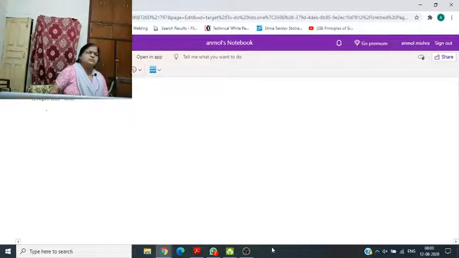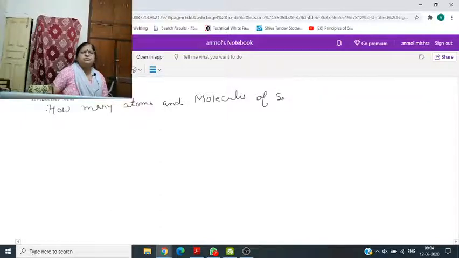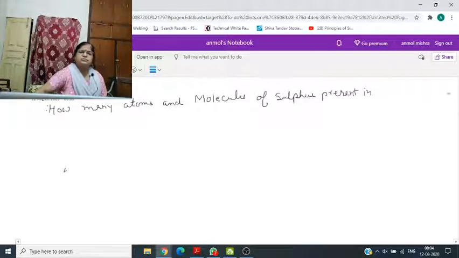How many atoms and molecules of sulfur are present in 64 grams of sulfur?